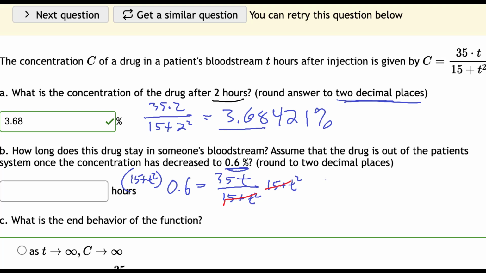And then we'd have 15 times 0.06, which is 0.9, so I meant that. Where's the marker I was using before?